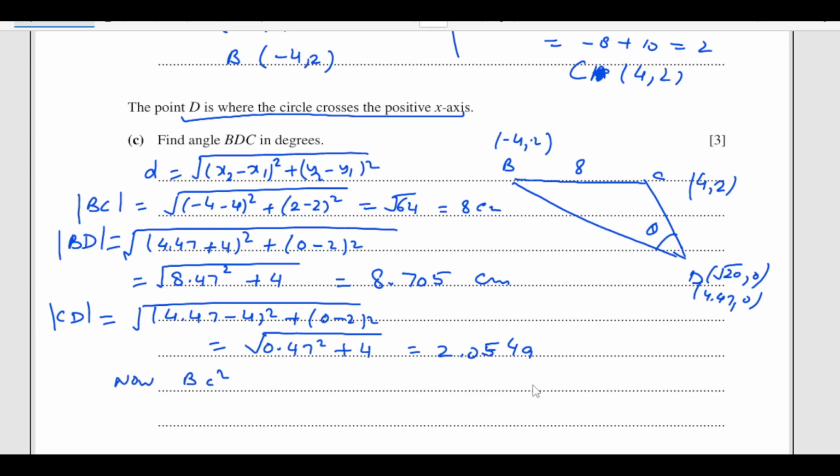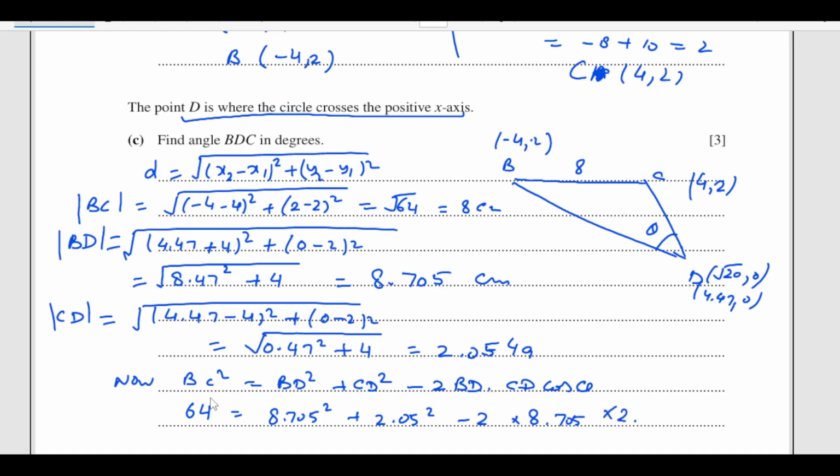So now BC squared. We are using the cosine formula: BC squared equals BD squared plus CD squared minus 2 BD times CD cos theta, right? So now we will substitute all the values here. So it is 8.705 squared plus 2.05 squared minus 2 times 8.705 times 2.05 cos theta.